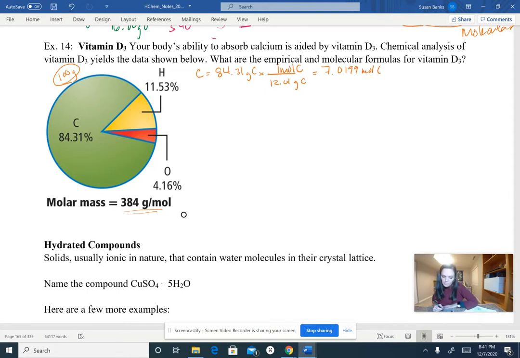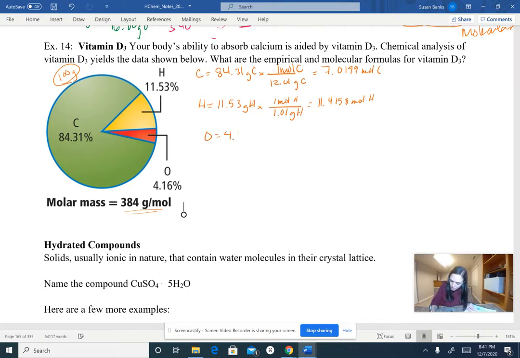Okay? Now, let's do hydrogen next. I'm going to have 11.53 grams of hydrogen in 100 grams. So in 1 mole of hydrogen, I have 1.01 grams of hydrogen. Okay, so that gives me 11.4158 moles of hydrogen.